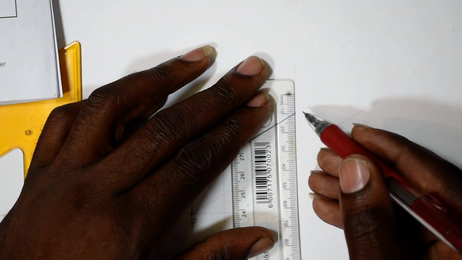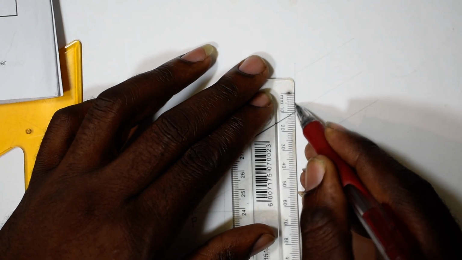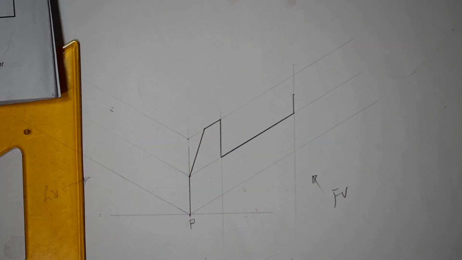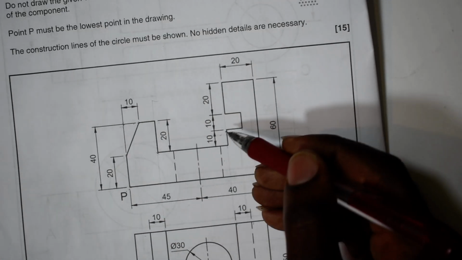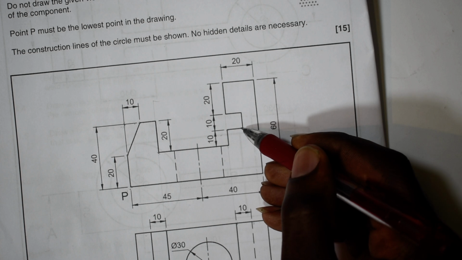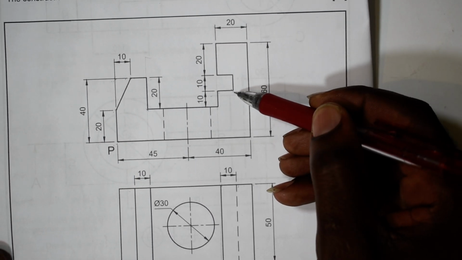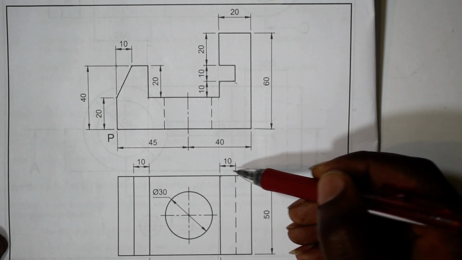So now from here till here is 10 millimeter. So I'm at this point now. Going inside, we are told, actually we're given everything here. So from here till here is 10 millimeter. They are telling us there. Okay, from here till here is 10 millimeter.